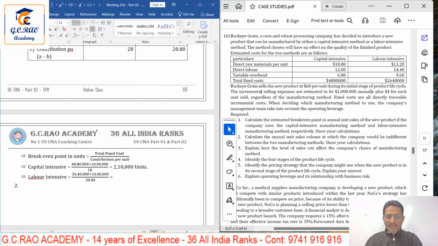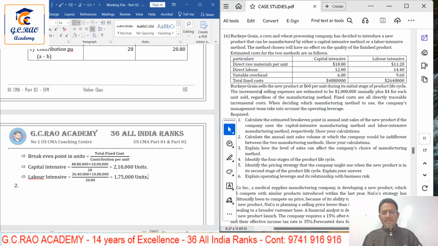Calculate 26,40,000 plus 10 lakh all divided by 20.8. How much? 1,75,000 units. Correct? Yes or no?